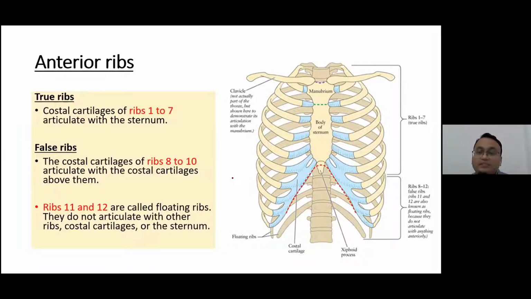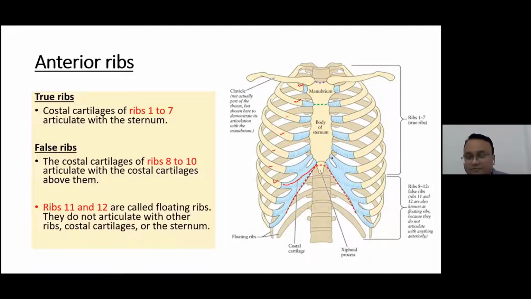So from the first rib, second, third, fourth, fifth, sixth, 7, it has a direct connection to the body of the sternum and to the angle, or to the border between the body and the xiphoid process.